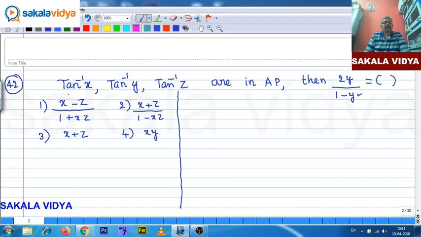So now tan inverse x, tan inverse y, tan inverse z are in arithmetic progression, then we need to find the value of 2y by 1 minus y square.